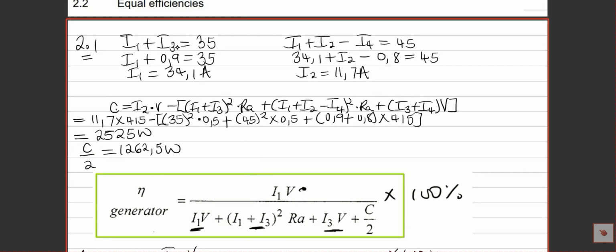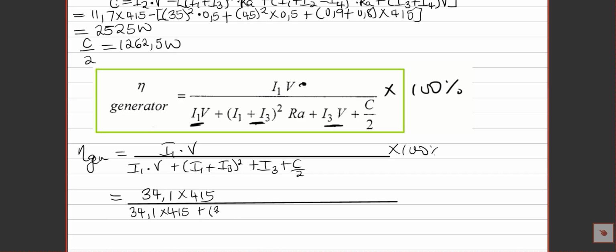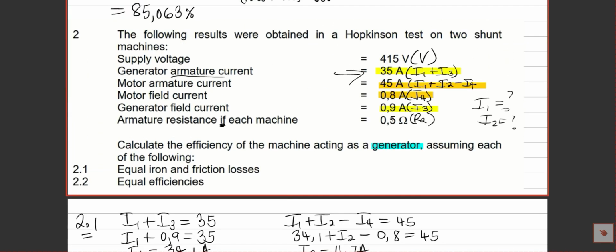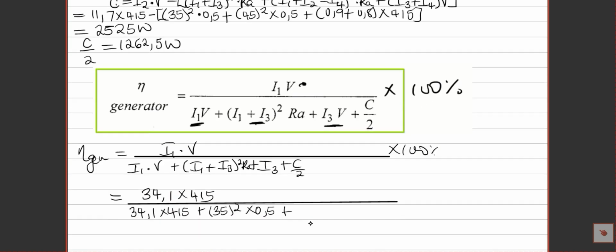I1 plus I3 here is 35. So 35 squared, our RA, I forgot to write it. Here it is, 0,5. And then our I3, let's check I3, we have how much? 0,9. 0,9 times 415. Our C value, C over 2, we have 1262,5 times 100. And then let's pray we won't make any mistake.